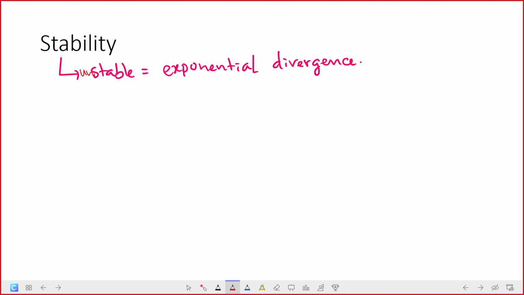So actually I already explained unstable system. When you have divergent, the exponentially growing like this means divergent.